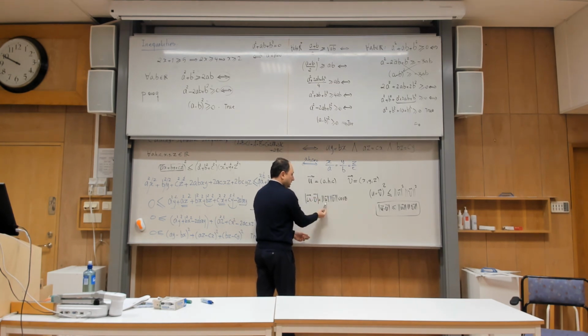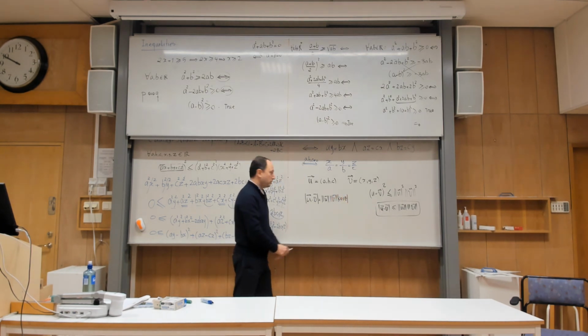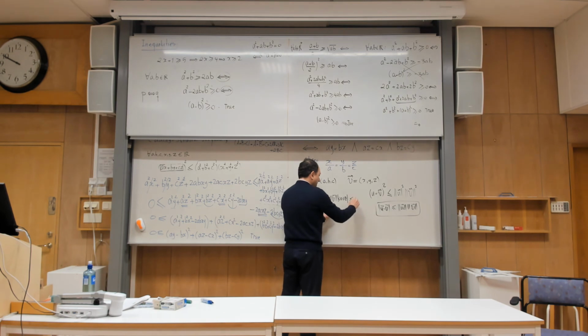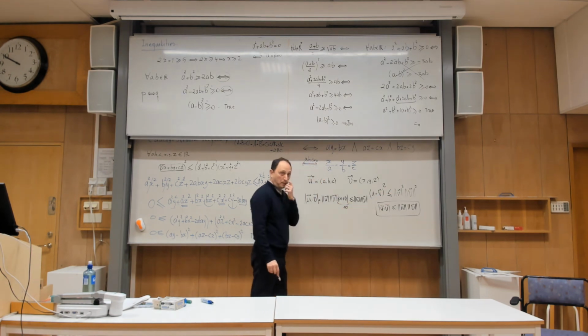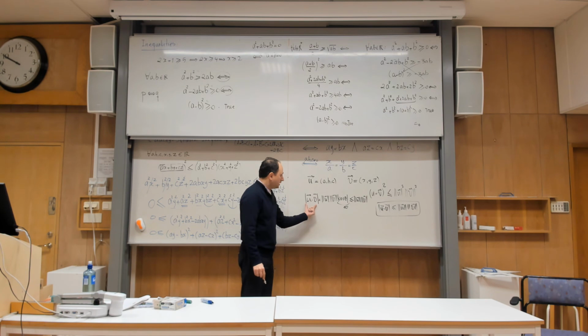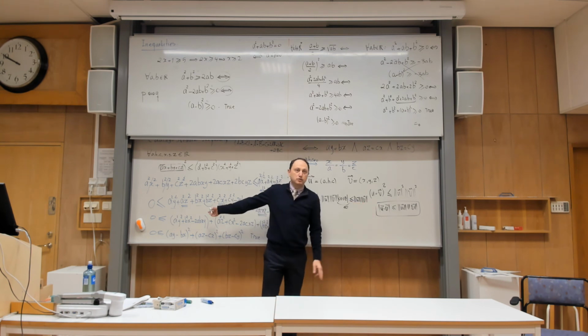But this one is already positive, so I don't need to worry. The only thing is to put this absolute value here. But this is always less than or equal to norm of U, norm of V, yes? Because as Jonathan mentioned, this number is always less than or equal to 1. So no matter what I choose for U and V, this one is always less than or equal to this, but that is exactly what I want to prove.